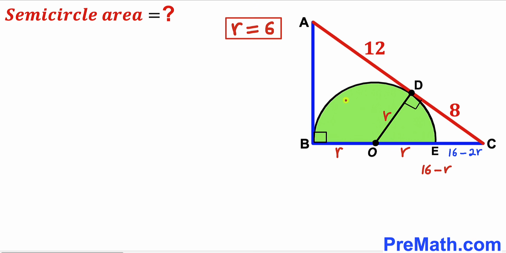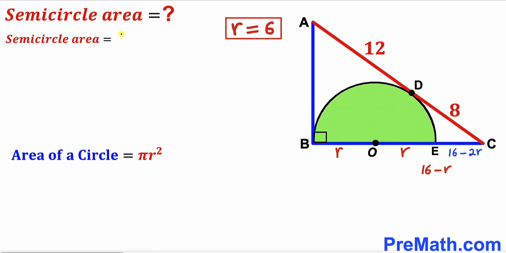And here's our final step. Now we are going to calculate the area of this green shaded semicircle. Let's recall the area of a circle formula. Area is equal to pi times r square, where lowercase r is the radius. So the area of this green semicircle is pi r square divided by 2, and our radius r is 6.